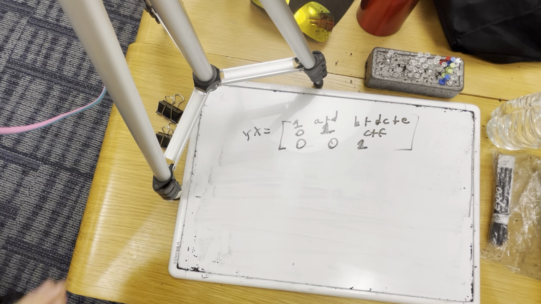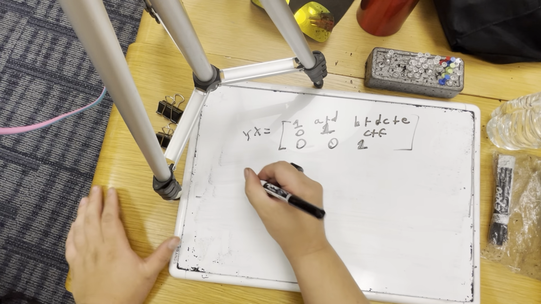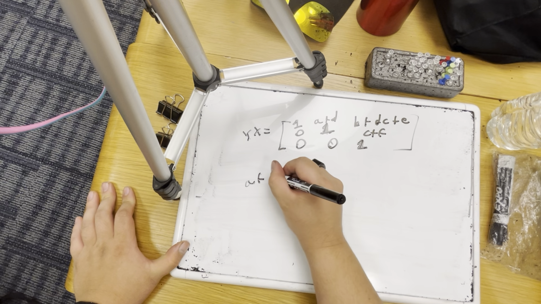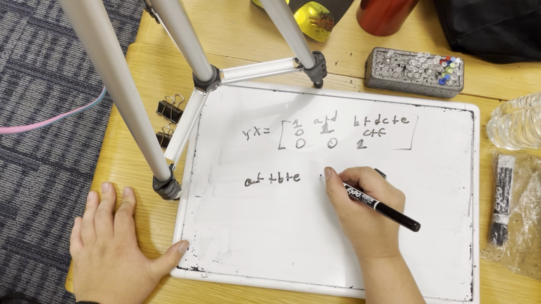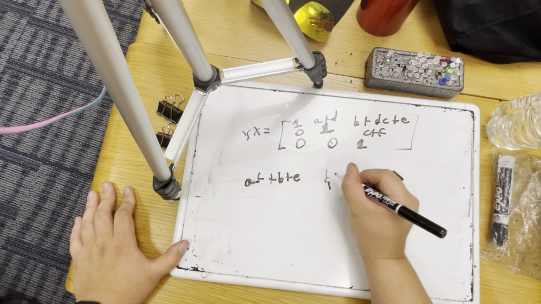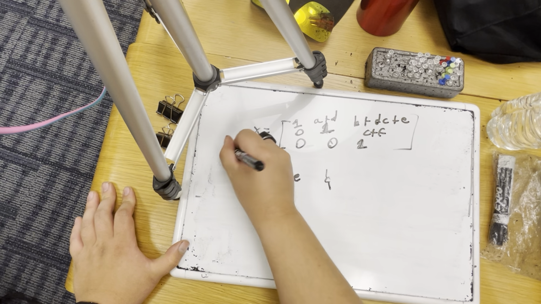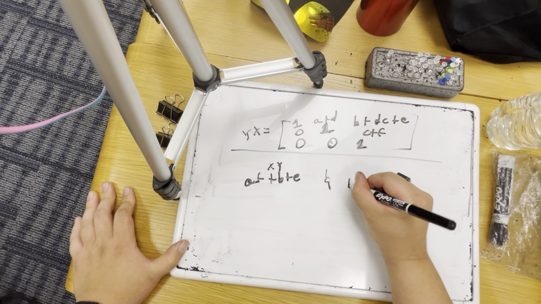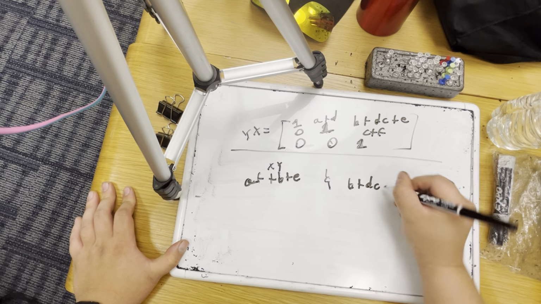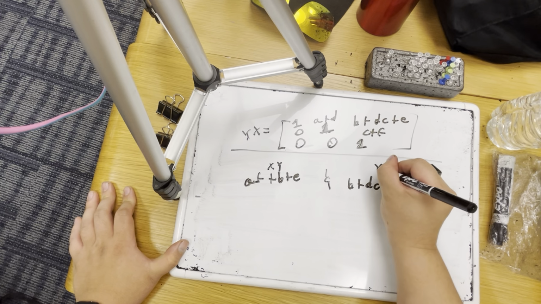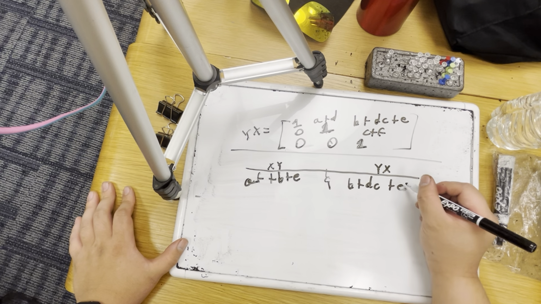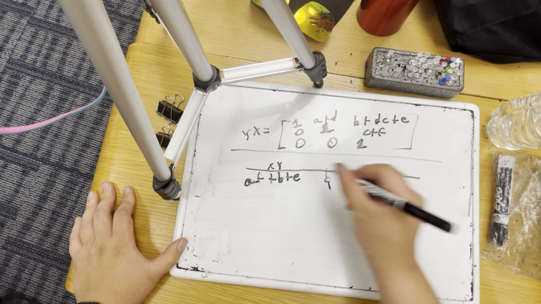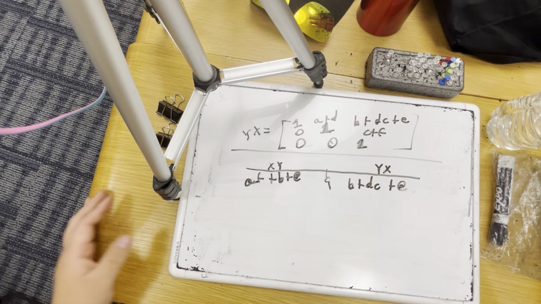What that is, we have AF plus B plus E from XY, right? And we have B plus DC plus E in YX, right? So it's supposed to be an E. Okay.